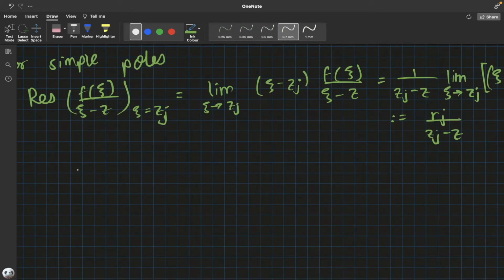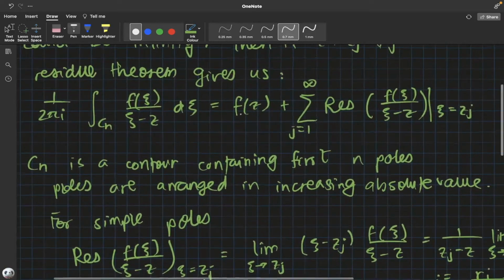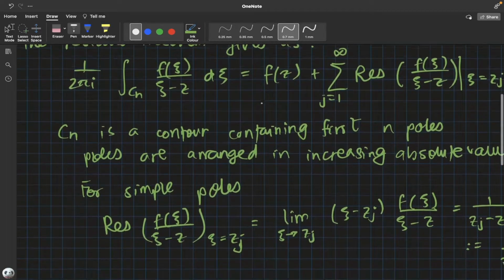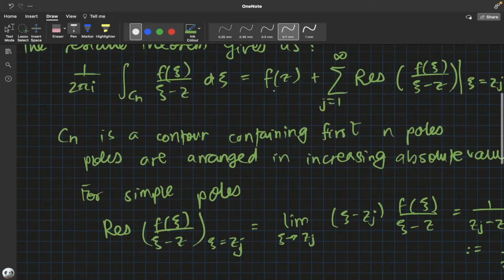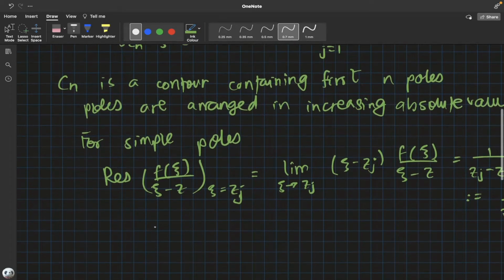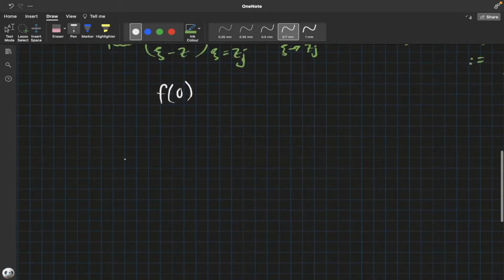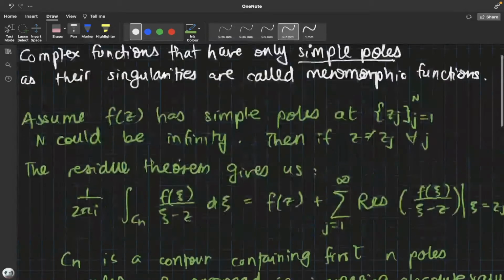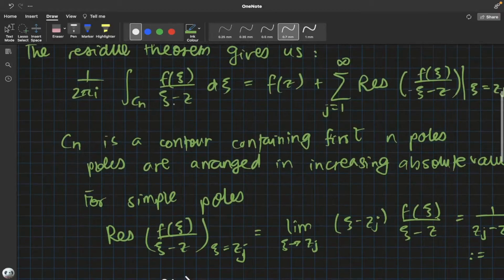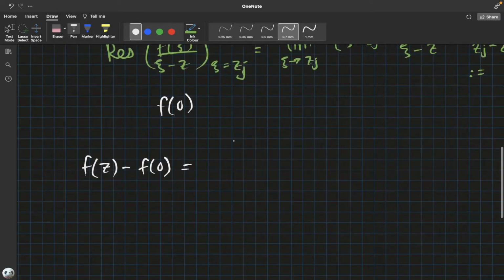So when we plug this here, we have to subtract this from whatever we get when we plug z equals 0 in this expression. So when we do that, we have this minus f of c over c, because the z goes to 0 for the 0 case.